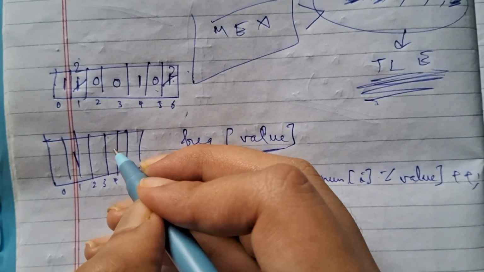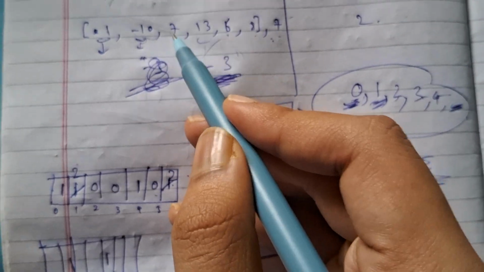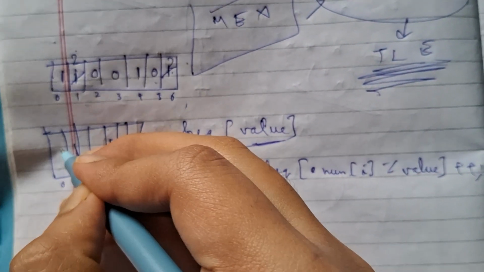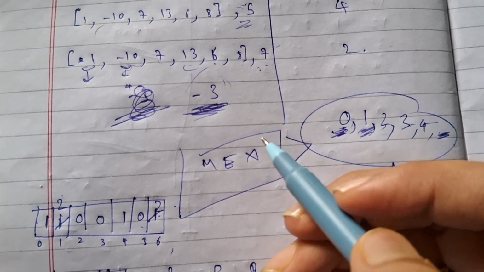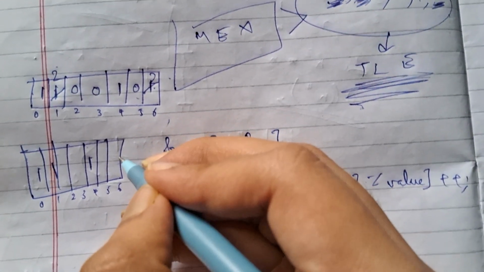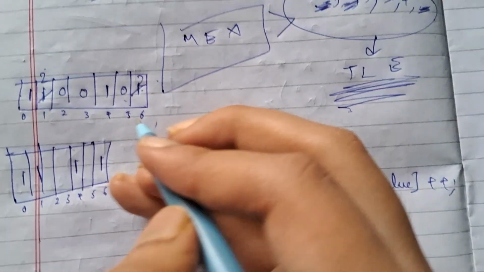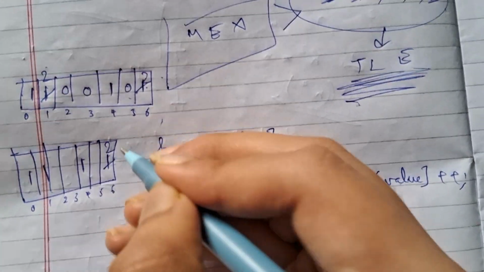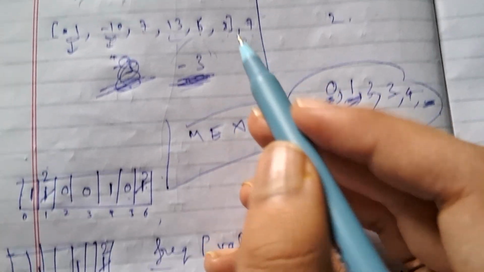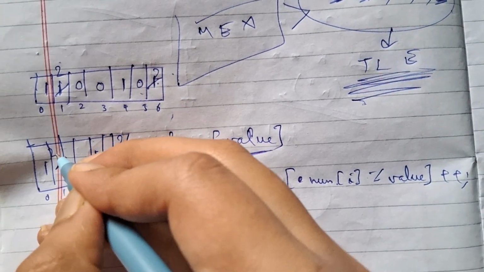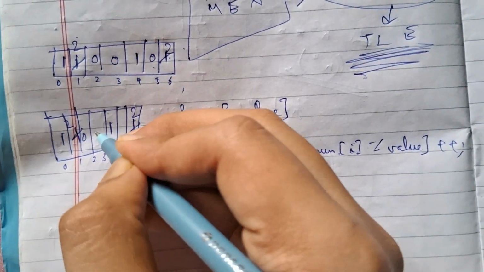So this 4 becomes 1. Then 7 mod 7 is 0, so this becomes 1. And then 13 mod 7 is 6, so this becomes 1. Then 6 mod 7 is also 6, so this becomes 2. Then 8 mod 7 is 1, so this becomes 2. And all the remaining are going to be 0.